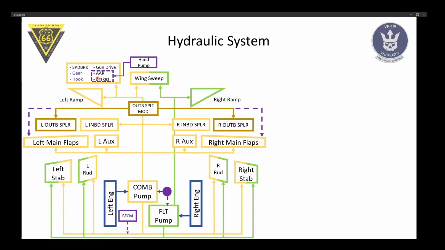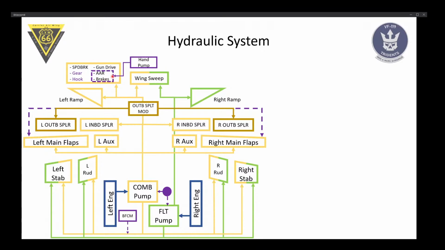One is the emergency brake pressure, which is nitrogen filled and cannot be charged, but the normal pressure accumulator can be charged with the hand pump. So if you have a complete hydraulic failure, but you're still flying because you have the BFCM, but you can see that your brake pressure accumulator has depleted, which means you'll not be able to brake, you can use the hand pump to pump it up and get some braking action.